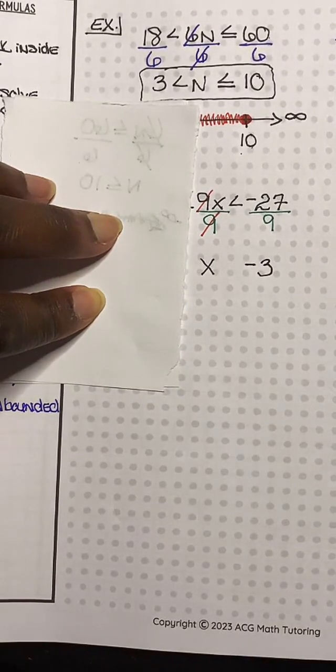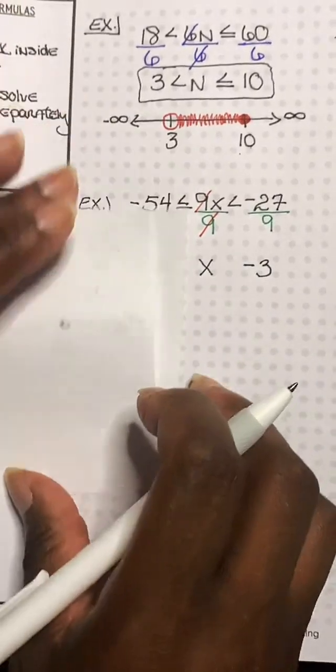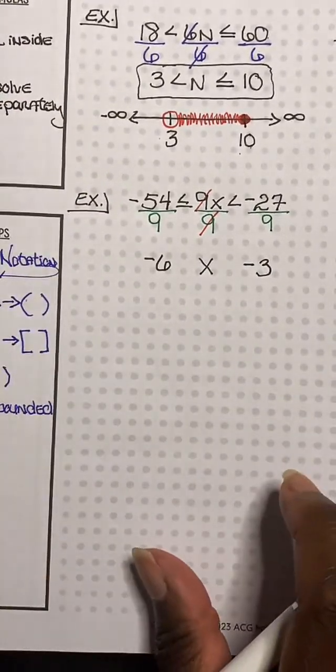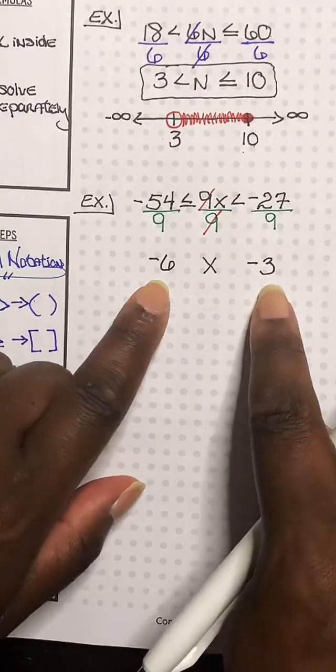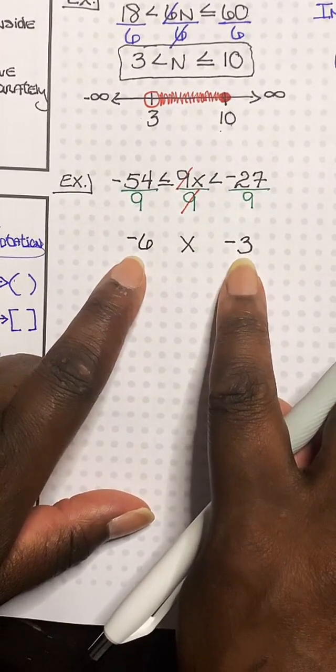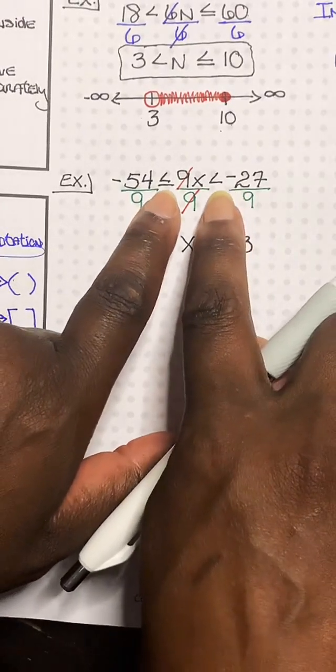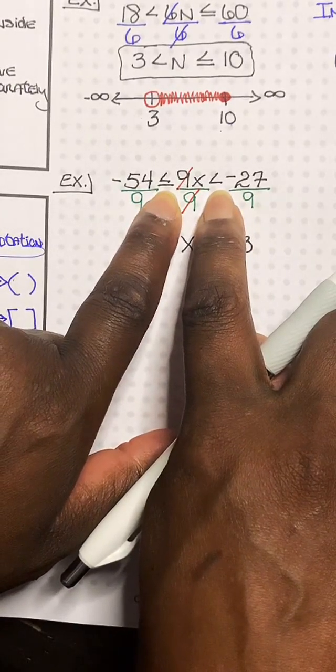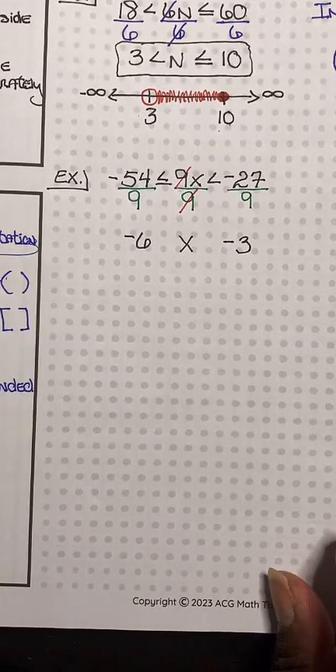Good. Now, here's my little devil's advocate with me. We got negative numbers. Do we flip the inequalities? That's my question.